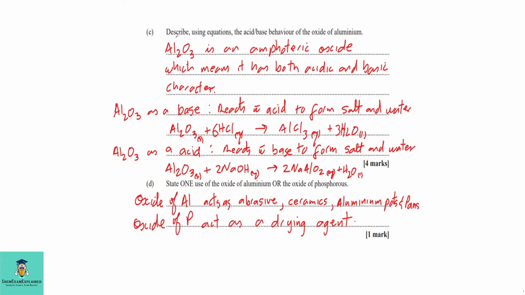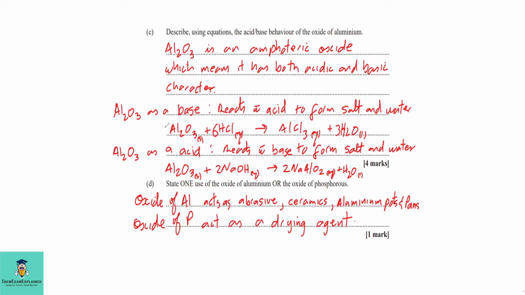Part C, describe using equations the acid-base behavior of the oxide of aluminum. Now, we should know that the oxide of aluminum is amphoteric, which means that it has both acidic and basic character. All that is saying is that aluminum oxide can behave as an acid as well as it can behave as a base.